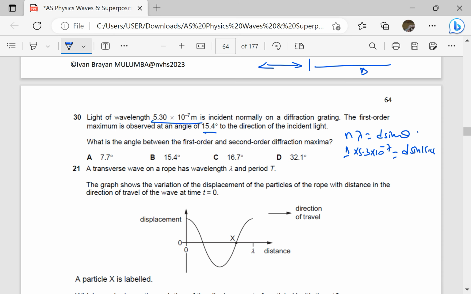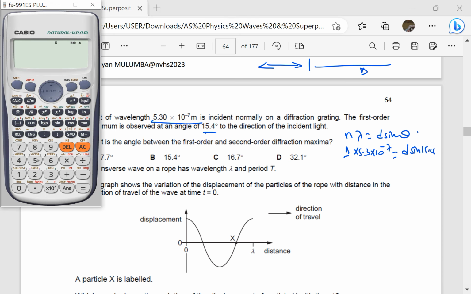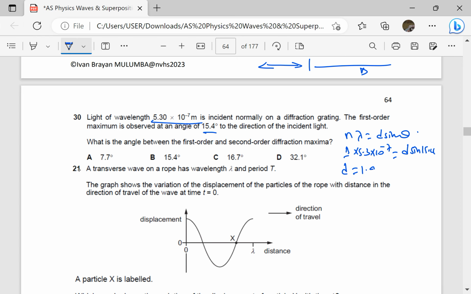Let's find d. So d is going to be 5.3 exponent negative 7 divided by sine of 15.4. So d is approximately 1.996 times 10 power negative 6 in meters.